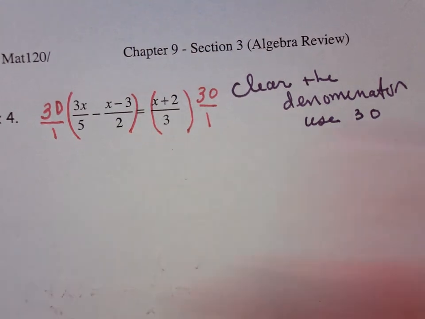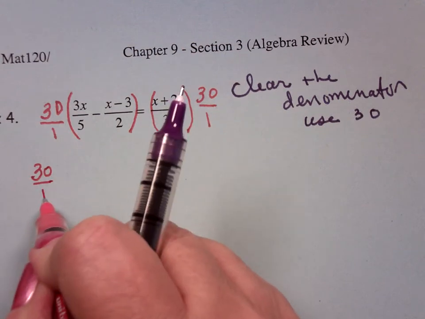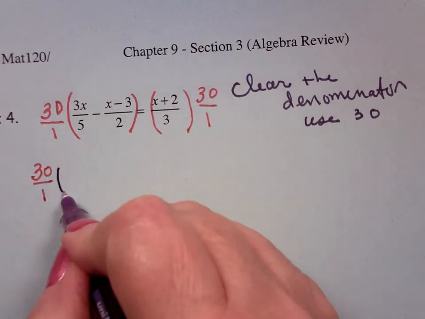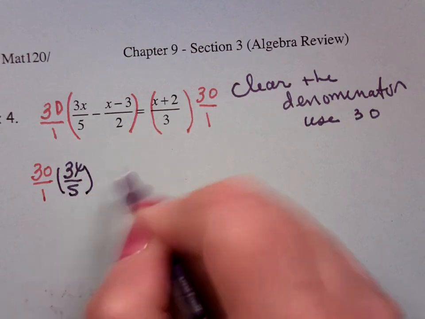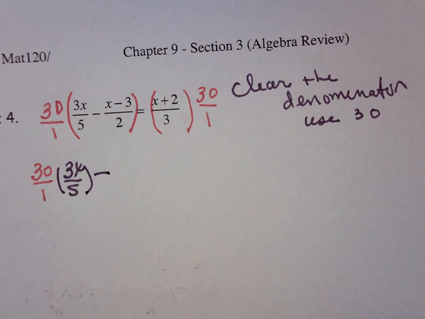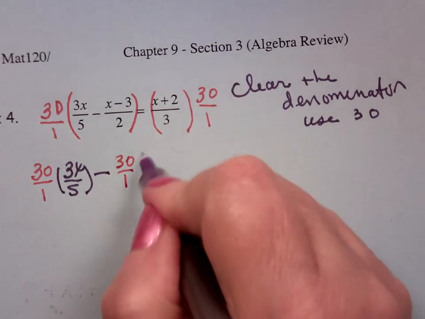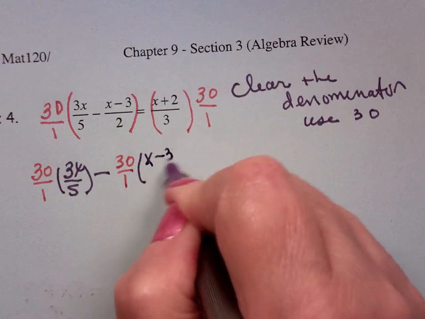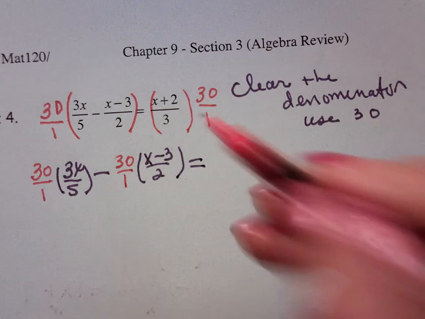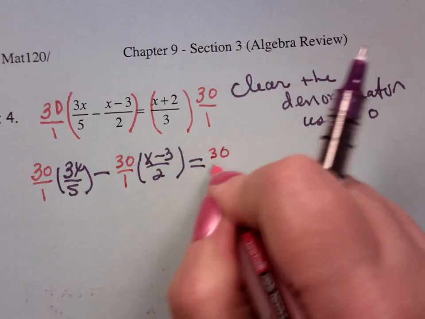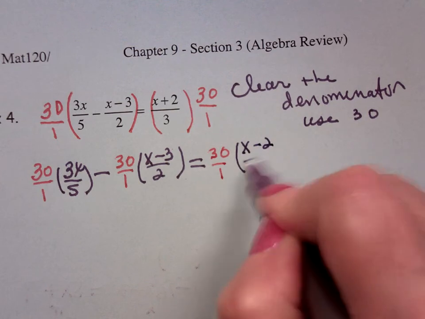So this is going to be 30 over 1 multiplied times 3x over 5, use the distributive property, minus 30 over 1 multiplied by x minus 3 over 2, equals 30 over 1 multiplied by x minus 2 over 3.